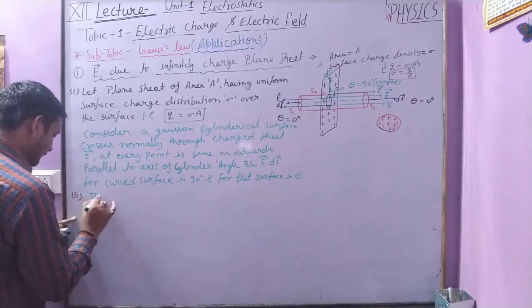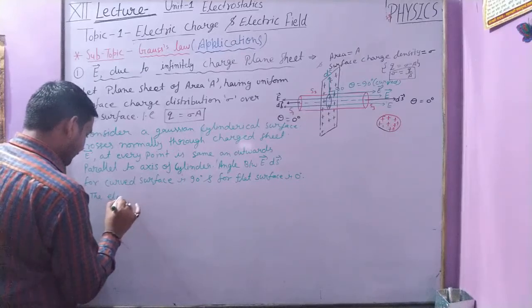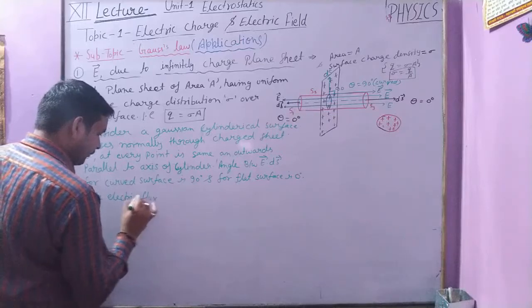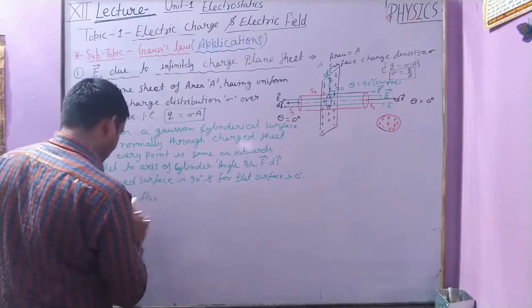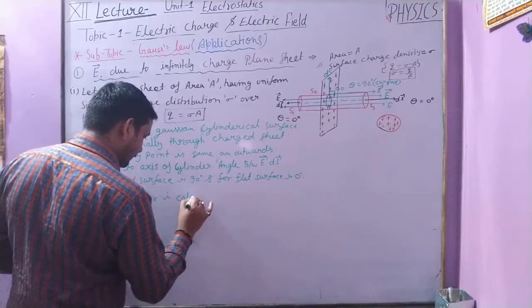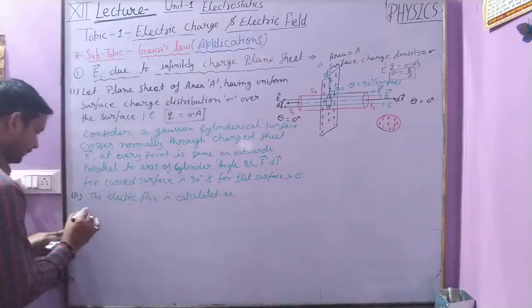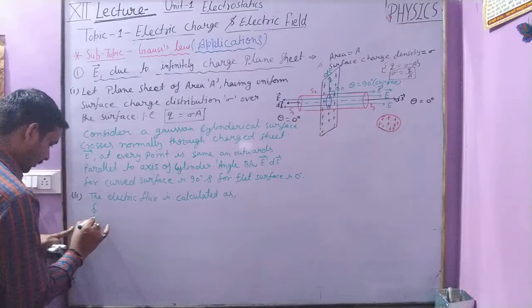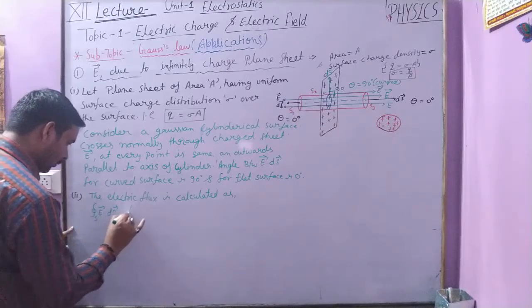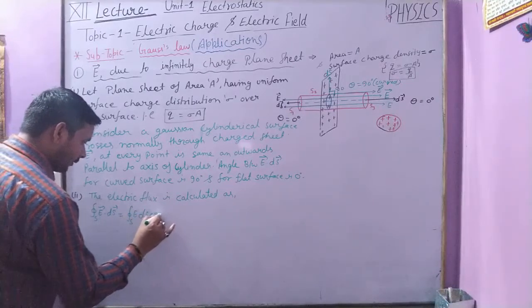the electric flux is calculated as closed integral of vector E dot vector dS is equal to closed integral E dS cos theta.